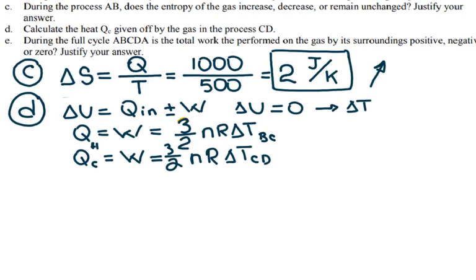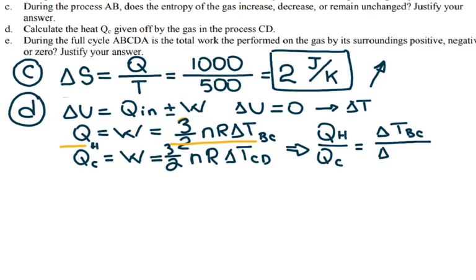And I can use this trick when I divide one side by the other side. And I get Q hot over Q cold is equal to 3/2 and R can cancel, and I have delta T BC over delta T CD.